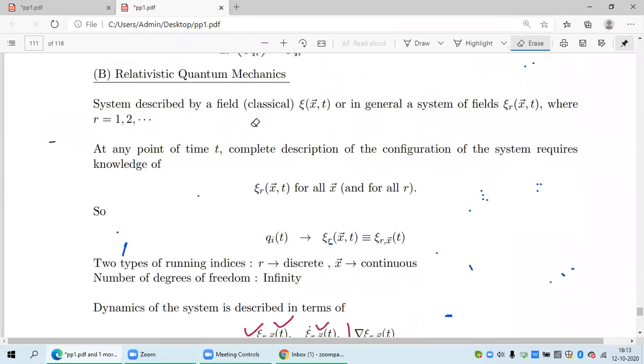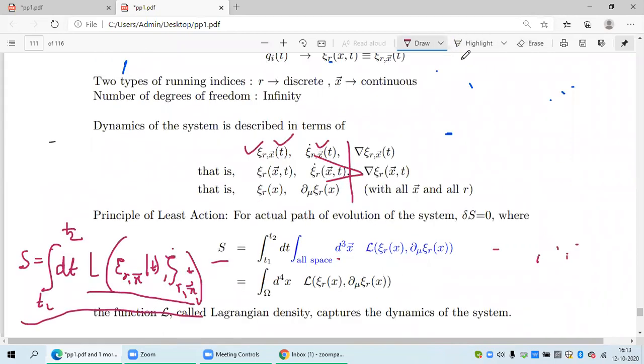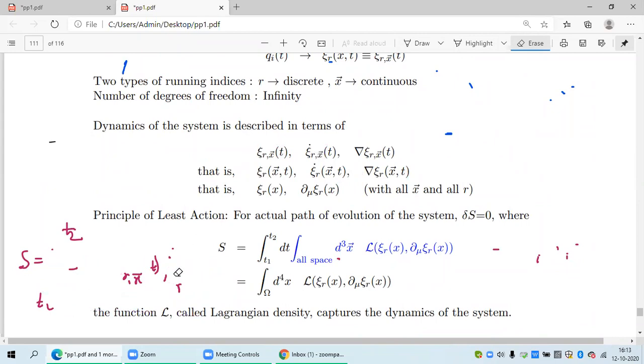Here also, action is just a number associated with a path of transformation from time T1 to T2. Now, when you want to write the path of transformation, you have to write the integral dt of L. Your L should be a function of generalized coordinates and velocities. Clear?